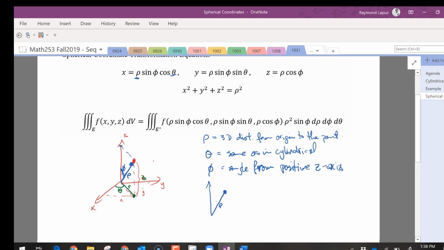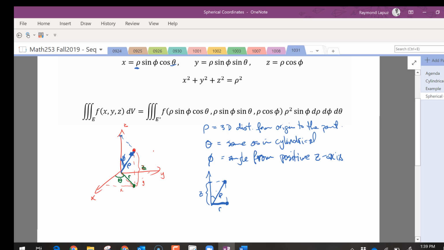And what is this distance here? R. Do you see how that changed? This is r, and this is phi.